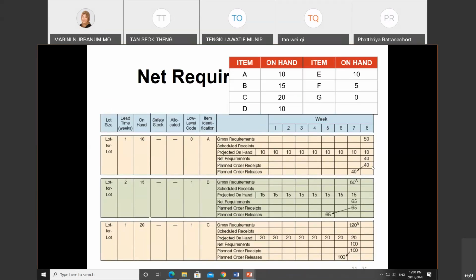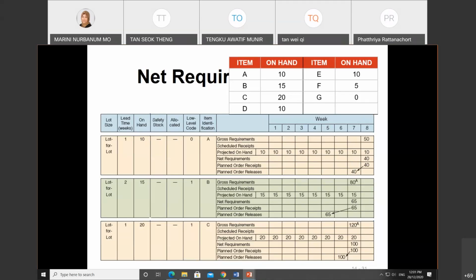Plan order release, you just take into consideration your lead time. If lead time is 1, you just bring it to the left by 1. That's it. So for this calculation, you have to draw your product structure and then draw the time phase so that you know where to put the numbers.